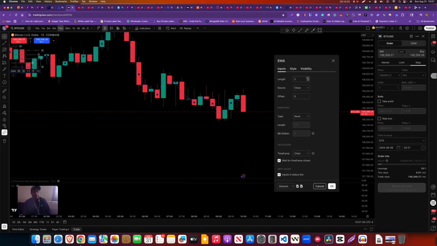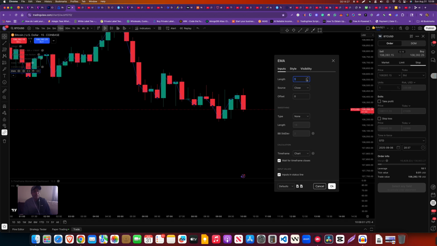When I change it to 3, the line looks a little different, right? Let's go back to 1. See, it's very sharp edges, goes up, goes down, goes up. That's just going up and down. As the candle goes up, the line goes up, and the candle goes down, the line goes down.